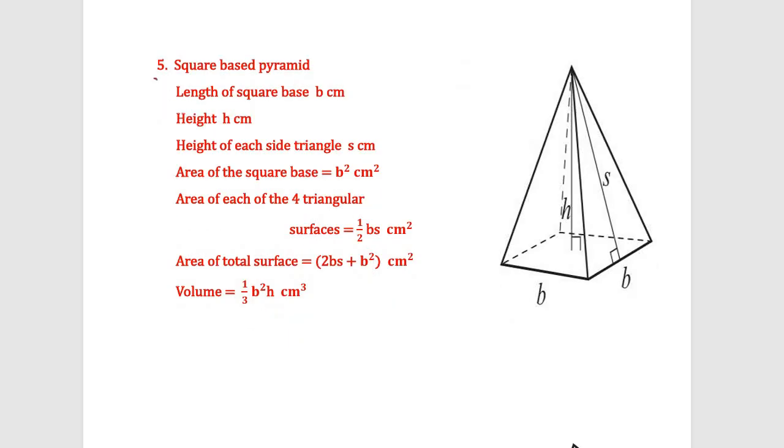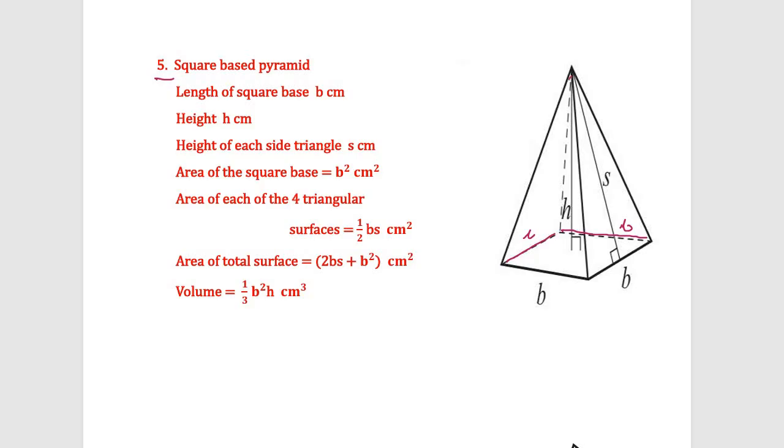Next, formula number 5, square based pyramid. The length of the square base is b centimeter. This is the square base, and the length of each side is b centimeter. The height of the pyramid is h centimeter.